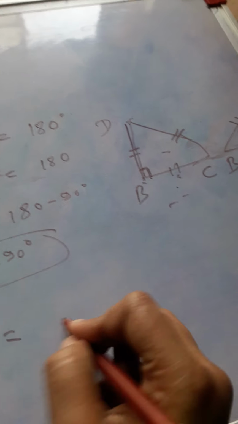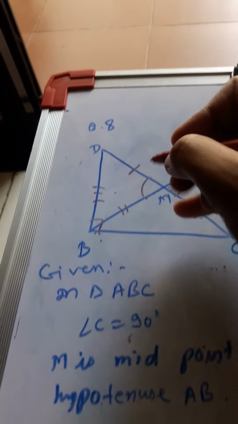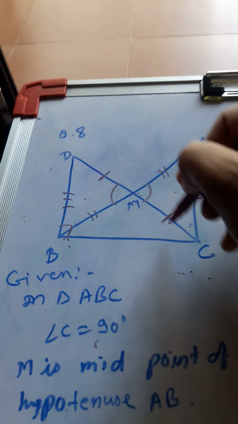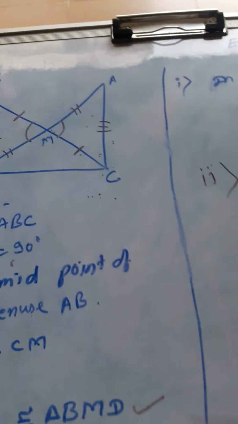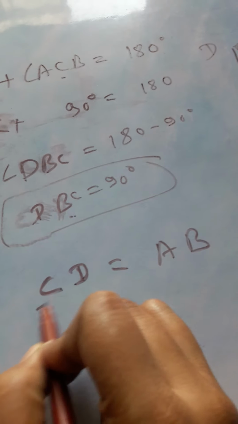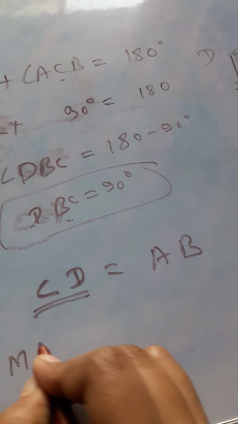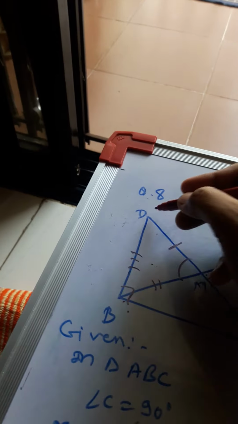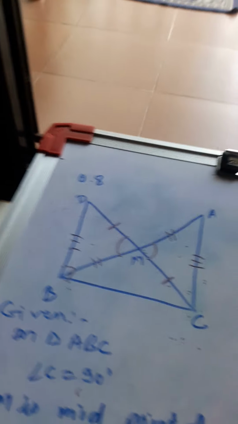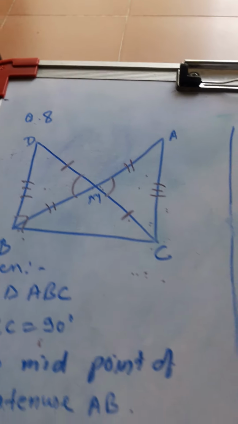CD is equal to AB, and CD is given, DM and MC are equal. Suppose we substitute CD is equal to DM plus MC, because DM and MC are parts of CD, as already given in the question.